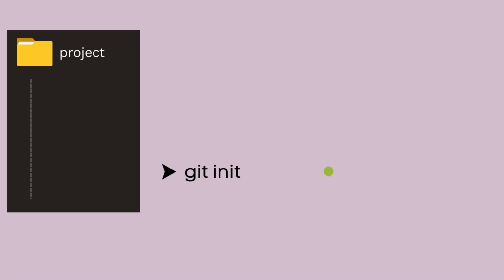Now that we have Git installed in our system, let me show you how it works. First, we start with a project directory. This can be any folder that you want to store your project or your code in. Now, the first thing that we need to do is initialize Git inside this directory. And we do that by the git init command.